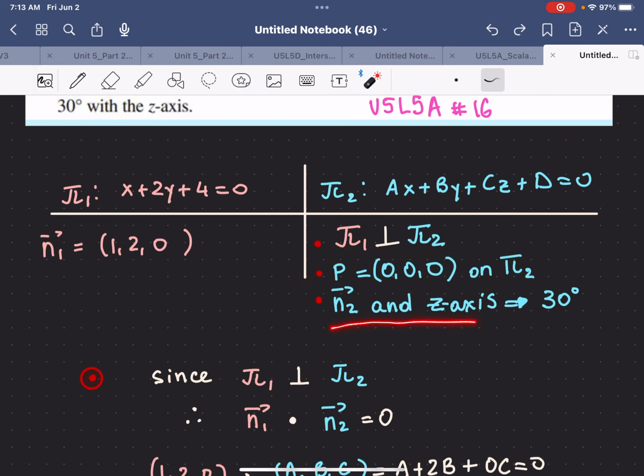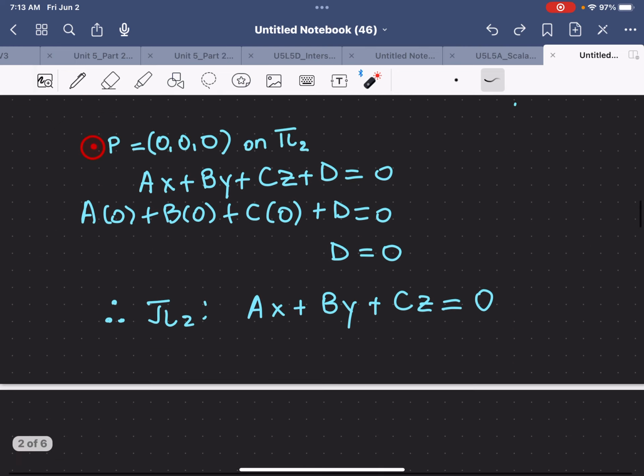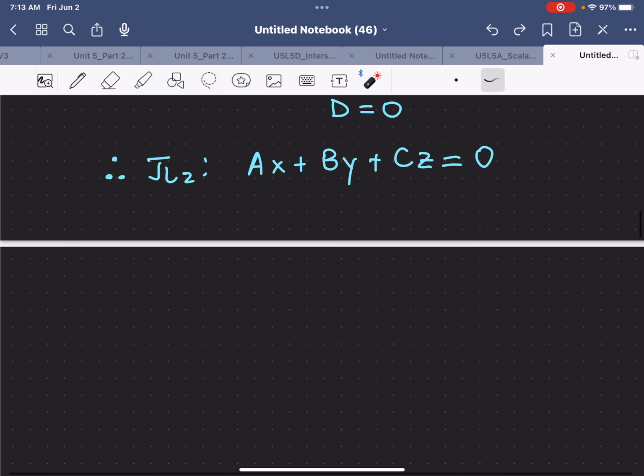And now we're going to move on to the last piece of information, which states that the normal to plane pi 2, which is basically vector ABC, and the z-axis make an angle of 30 degrees with each other. So there is a lot to talk about in this case.